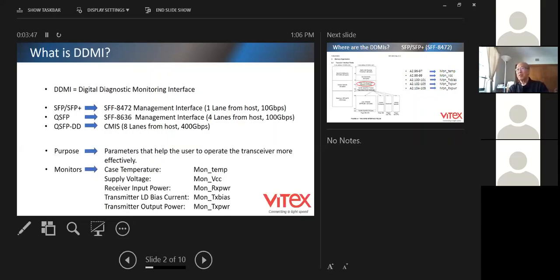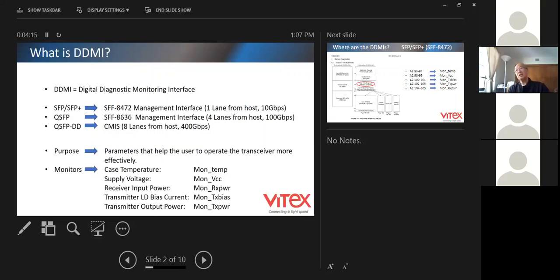Going down the list, the purpose is to help the users to operate the transceiver more effectively. So the monitors, we're talking about 5 basic monitors. Those monitors never change. Under those 3 standards, they are still the same. Those are common types of monitor. The first one is case temperature. Now it's case temperature, all right? Nothing else.